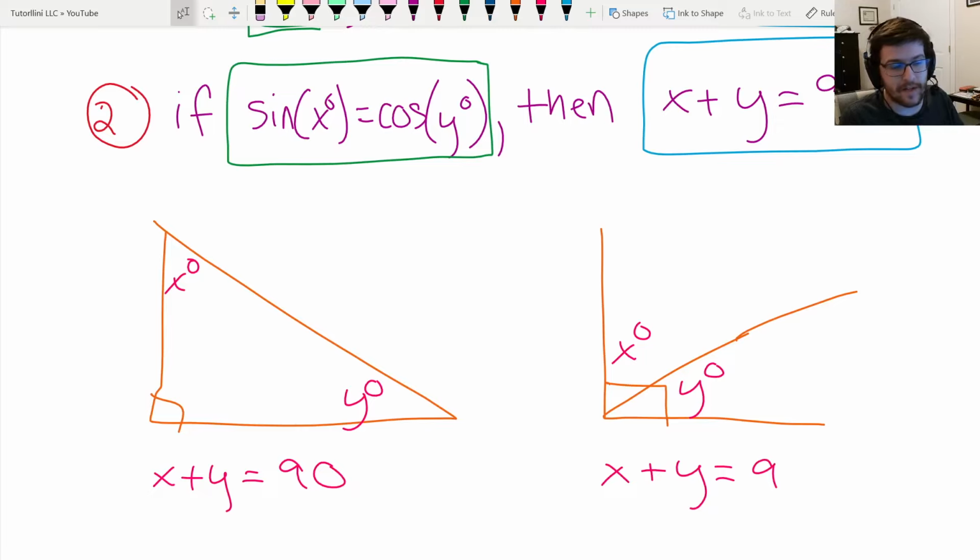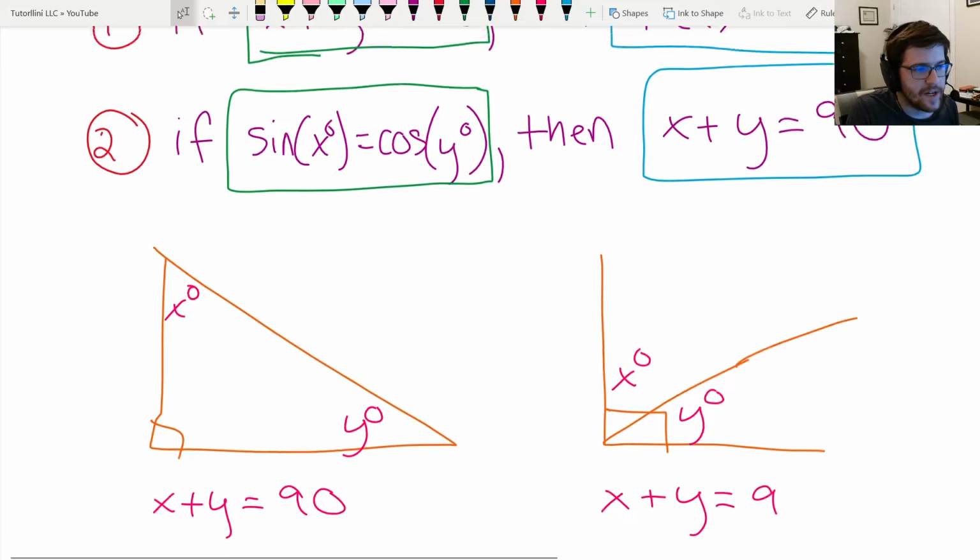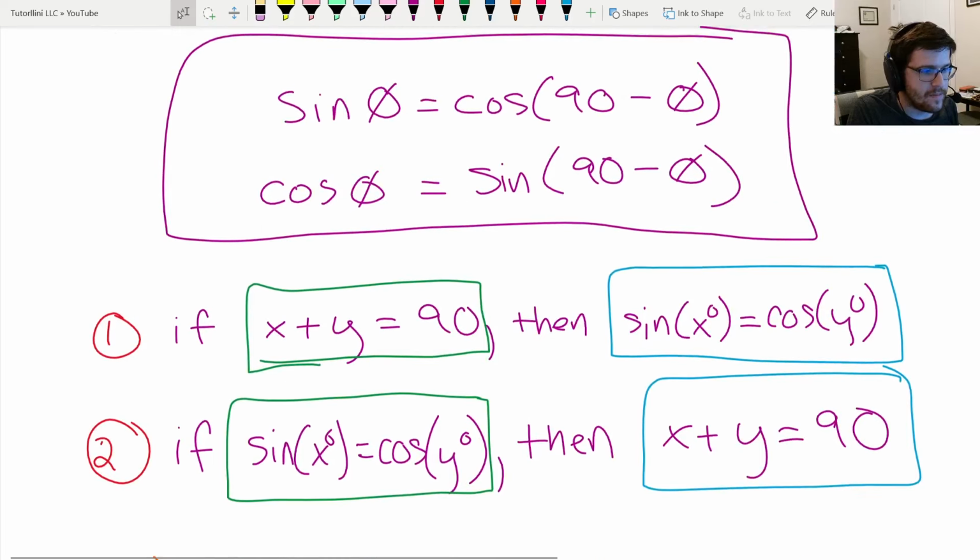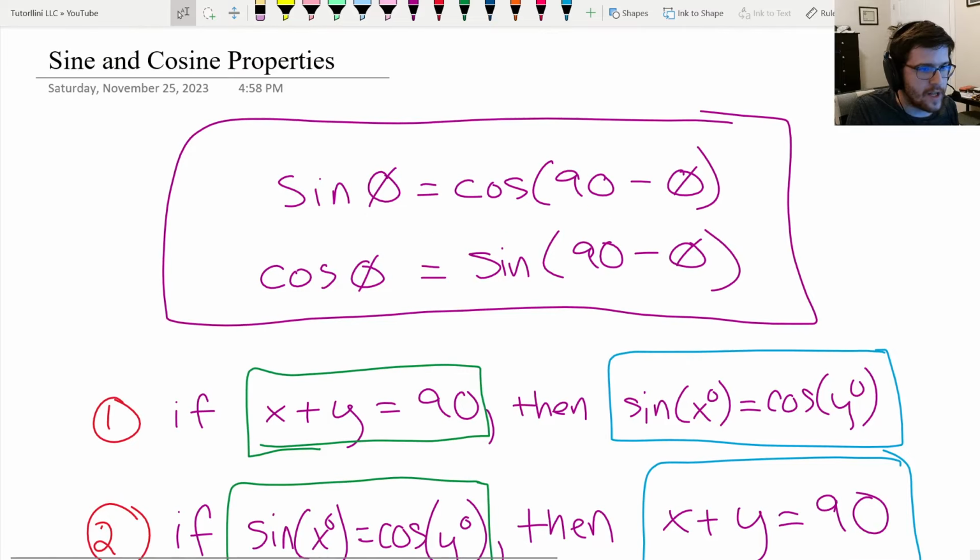Those also add up to 90 because they form that bigger 90-degree angle. So if you see either of those two pictures and there's mention of sine and cosine, you might want to start thinking about this almost right away. Anyway, very niche, rarely tested topic, but important for 700-plus scorers. All right, let's keep going.